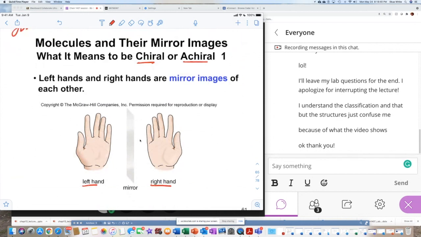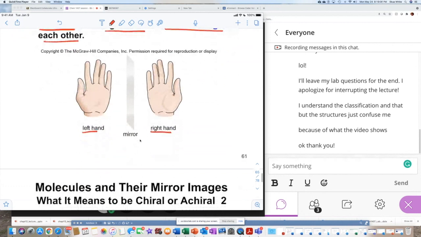Essentially, if you hold your right hand and your left hand across from each other, your left hand and your right hand are mirror images of each other. That's assuming you have no scars, right? They're theoretically mirror images of each other. When you hold them next to each other, face to face, palm to palm, you can see how they're mirror images.